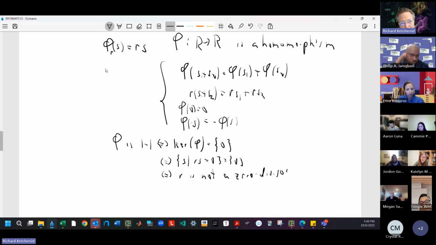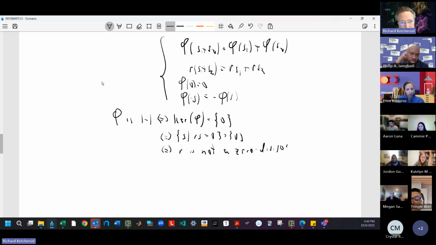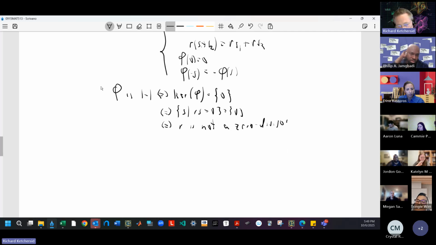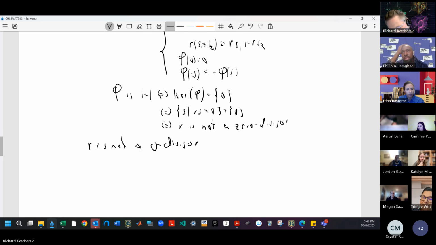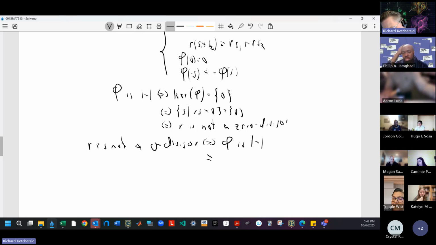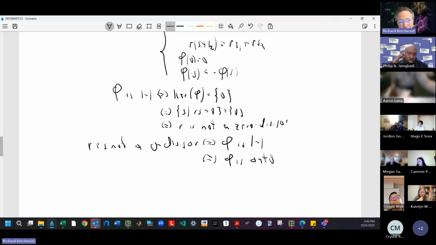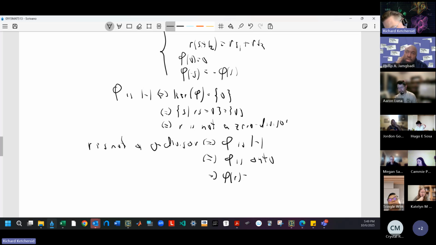But since it's finite, if it's 1-to-1, it's got to be onto, right? So now we have that R is not a 0 divisor if and only if phi is 1-to-1, if and only if phi is onto, right? But if phi is onto, then that means that phi of S equals 1.